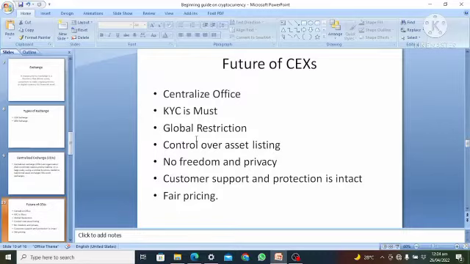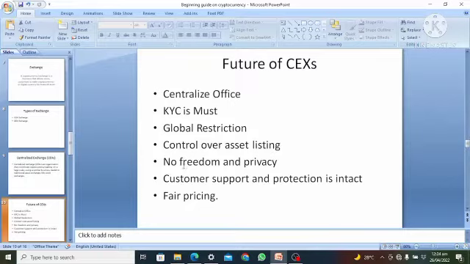You would be surprised if you bought an asset, and since the day you bought it, it has been depreciating, going down, down, down, up to date. You are confused at a point. So now you understand that in centralized exchanges they have control over assets being listed on their platform. So, control over asset listing.